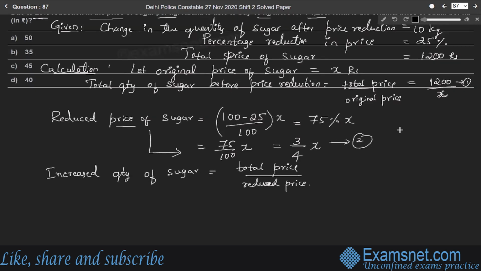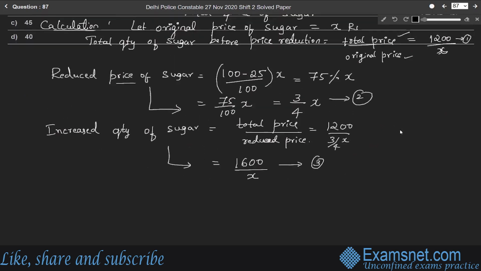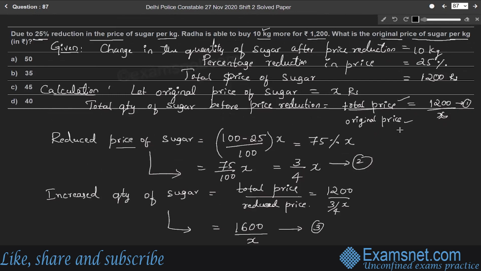Whereas the total price divided by the original price gives the total quantity of sugar before price reduction, the increased quantity of sugar is the total price divided by the reduced price. So what is the total price? 1200 divided by the reduced price, 3 by 4 into X, which is equal to 1600 divided by X. Consider this as equation 3. So the increased quantity of sugar is 1600 by X.